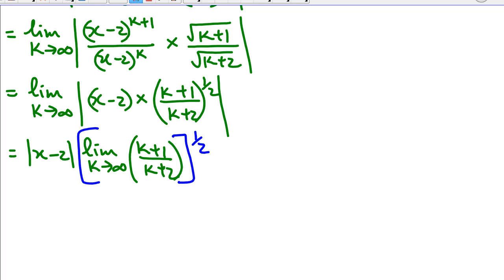And just use L'Hopital's rule. This will be equal to 1, whatever is inside the blue bracket. So our answer will just be the absolute value of x minus 2.